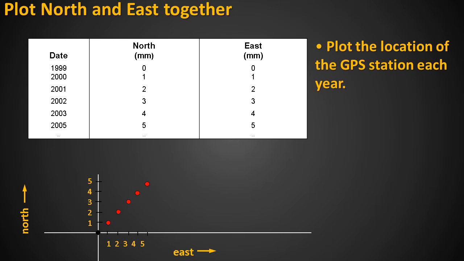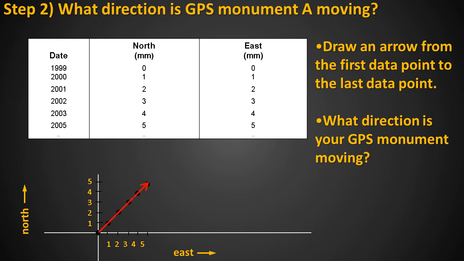Continue to plot the location of the GPS station for each year. Next, draw an arrow from the first data point to the last data point. What direction is your GPS monument moving? Yes, the GPS monument is moving to the northeast.